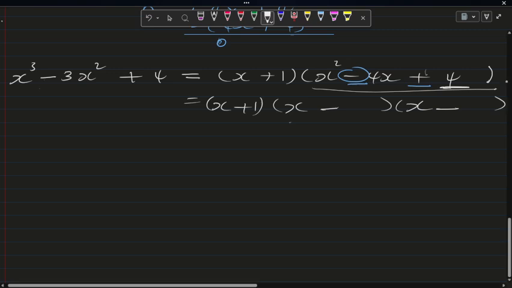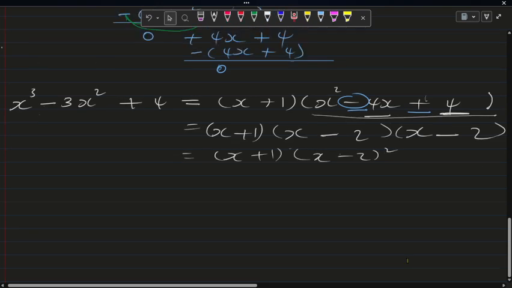Okay, and then we have an x there, and then we look at this last term, this 4, and we see what are the two numbers that when we multiply them, they will give us positive 4, but then when we add them, they will give us negative 4. Okay, so those two numbers are negative 2 and negative 2. If we multiply them together, we'll get positive 4, but then if we add them, we will get negative 4. Okay, so we have negative 2 there, we have negative 2 there, so we are done with factorizing.